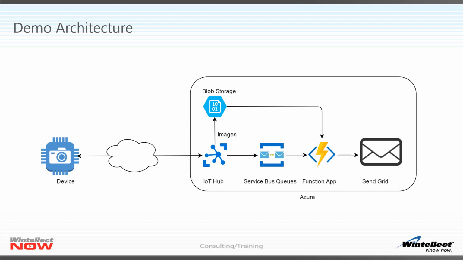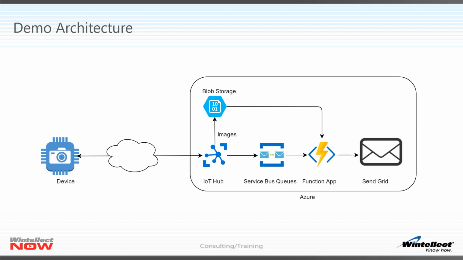When I turn the device on, it's just going to connect to the IoT Hub. That's the messaging platform on Azure for doing all the device to cloud and cloud to device messaging. It centralizes that. And once the device is turned on, it's going to start trying to do motion detection.